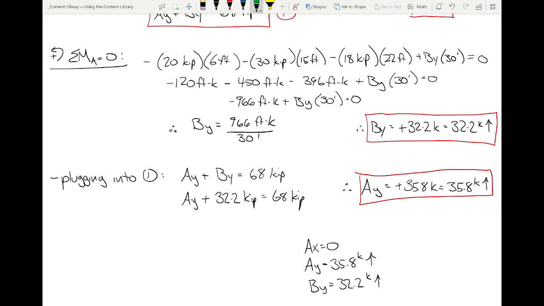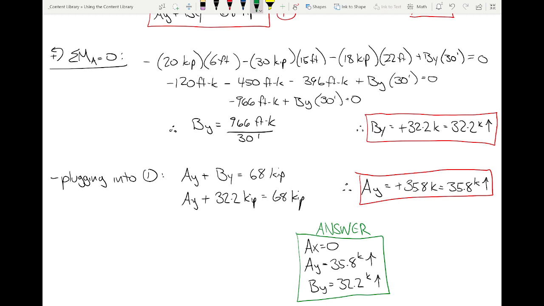That's the answer. And notice how each of these reactions are forces. And how do you define a force? With a magnitude and a direction. Magnitude, direction. Magnitude, direction. That's 0, so it doesn't matter what the direction is.